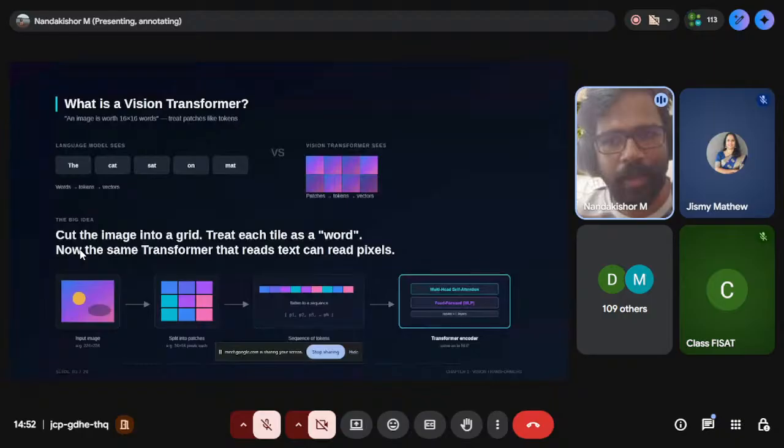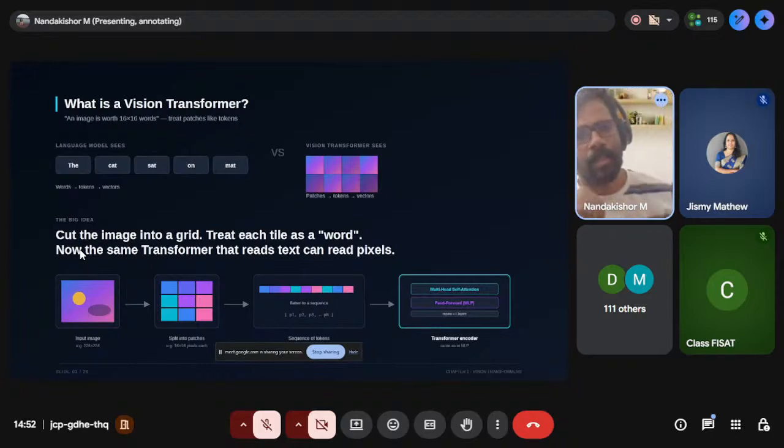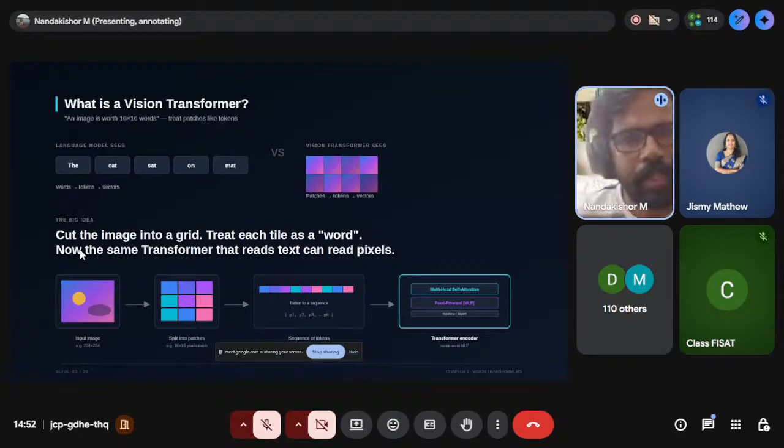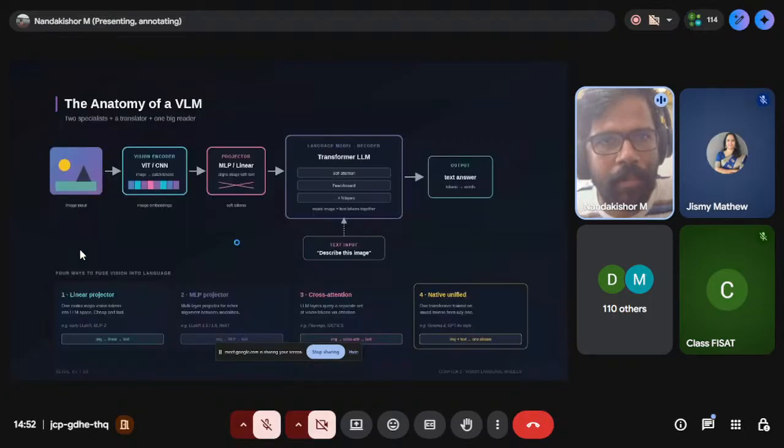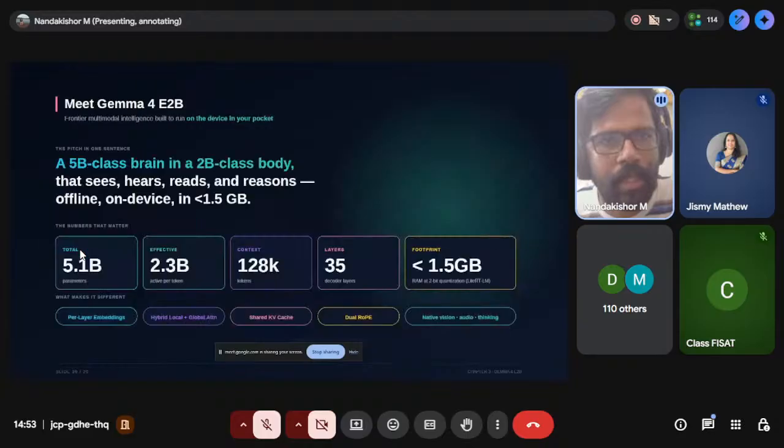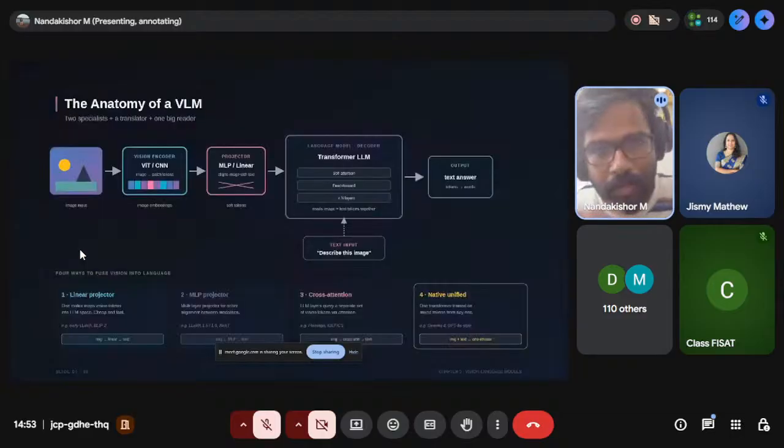The modern variations of vision language models, particularly Gemma 3, use much simpler approaches. You have an image, you split it into what we call grids, then you flatten it, then you feed it to the transformer model. I will explain this part with an example, and we will discuss the modern Gemma 4 E2B variation and how it actually works from here onwards.